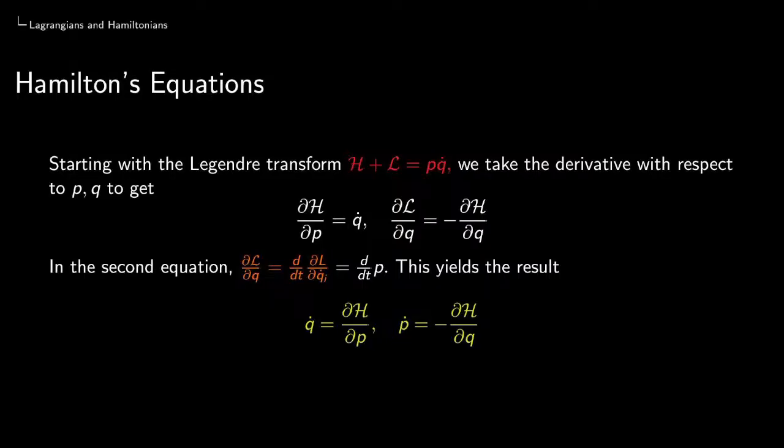You get that through Euler-Lagrange, and then you can use that definition of momentum from before, where p is dL/dq dot, to get that dp/dt is equal to negative dH/dq. Using that first equation from before, we get that q dot equals dH/dp and p dot equals minus dH/dq. There's a nice symmetry that pops out in Hamilton's equations, and that's the symplectic geometry part that I was referring to earlier.